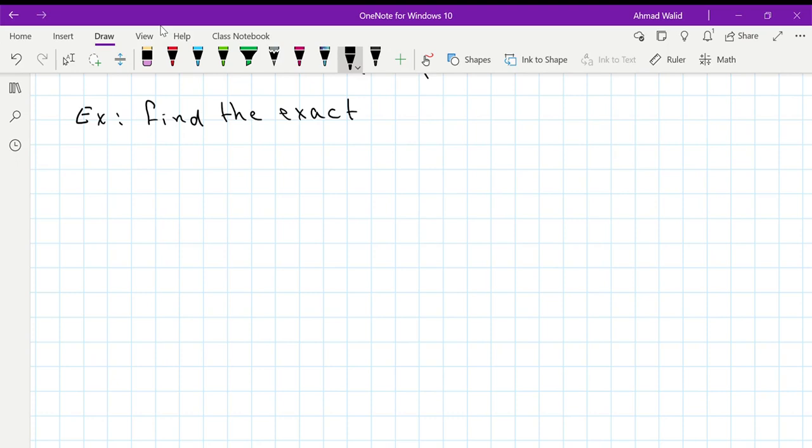Correct? Here is the first example that I'm dealing with a negative angle.